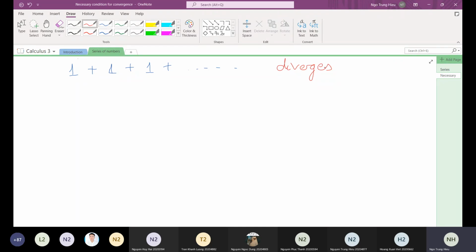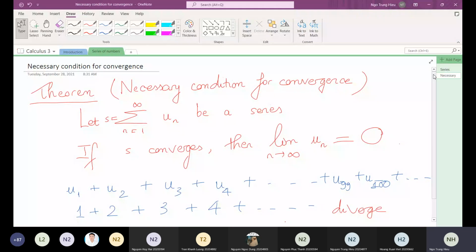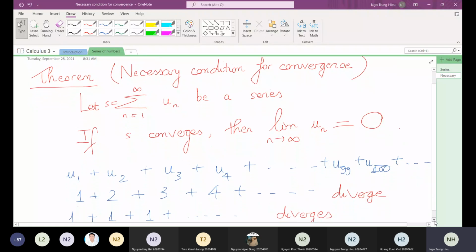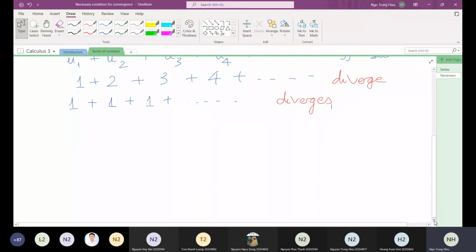So you see that the theorem says that if the series converges, then the individual terms go to 0. But that is only a necessary condition. If the individual terms go to 0, it is not true that the series converges. It must satisfy some other conditions as well. So if we consider the sum 1 plus 1/2 plus 1/3 plus 1/4 and so on.